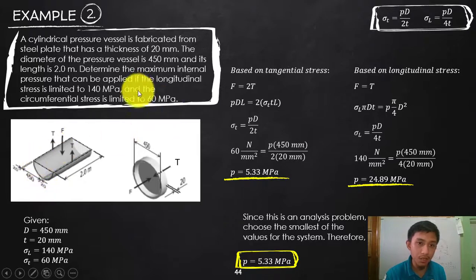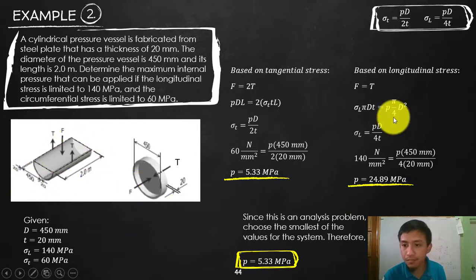So that is according to the problem, 60 megapascal only. Supposedly, the strength of the entire plate will be the same, however, due to bending, that will reduce the circumferential strength of this steel plate. So 140 megapascal, substitute.